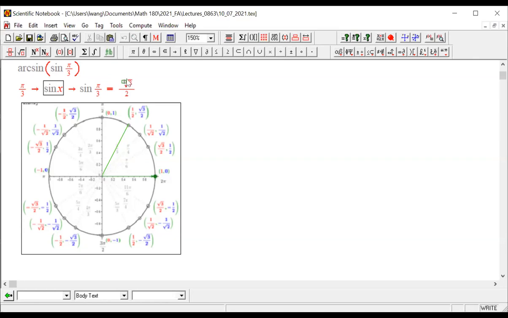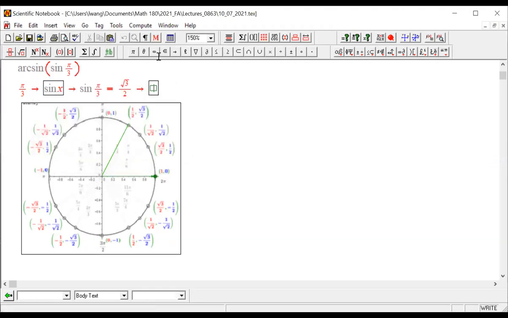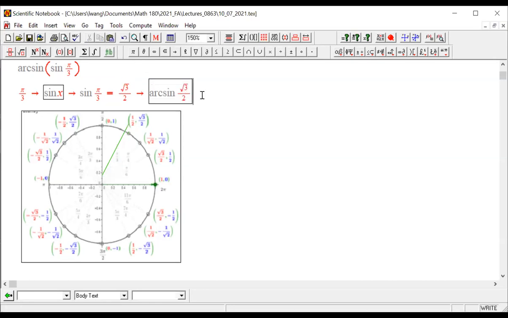Root 3 over 2, which is sine pi over 3, will be used as input for what? ArcSine. ArcSine of root 3 over 2. Okay, I will give you the algebraic expression there. And what will be the output?